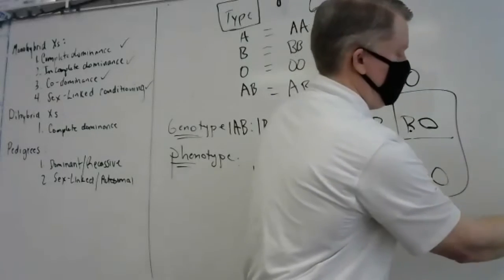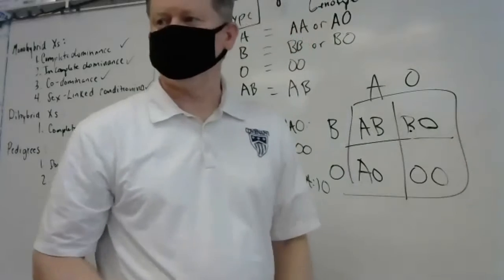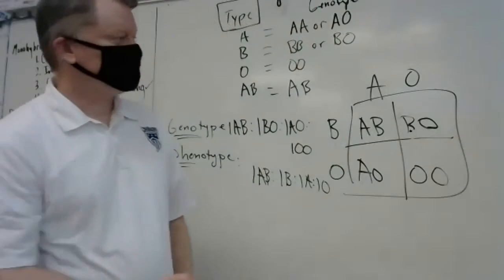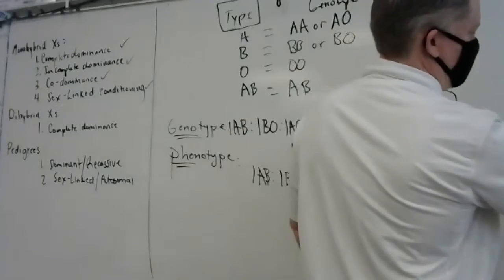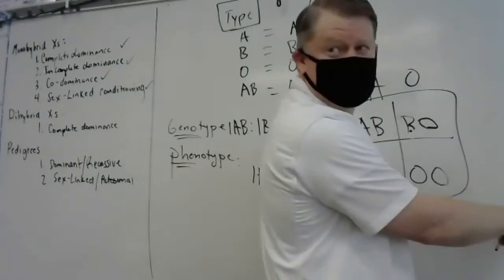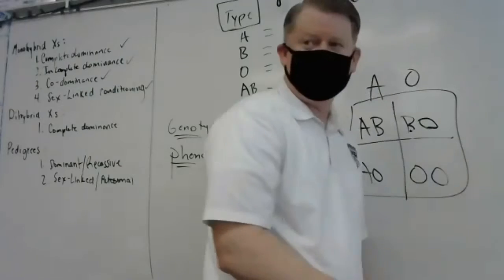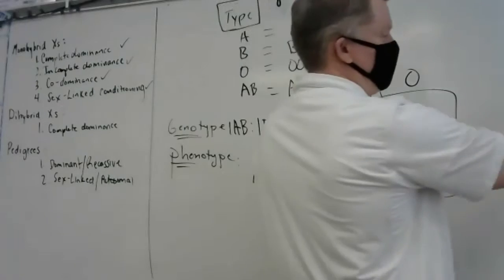Good error. Can AB's give to B or A? No. Okay. Cannot. Watch this. Can you give O to an AB though? AB's can only be given to AB's. But could you give an O to an AB?